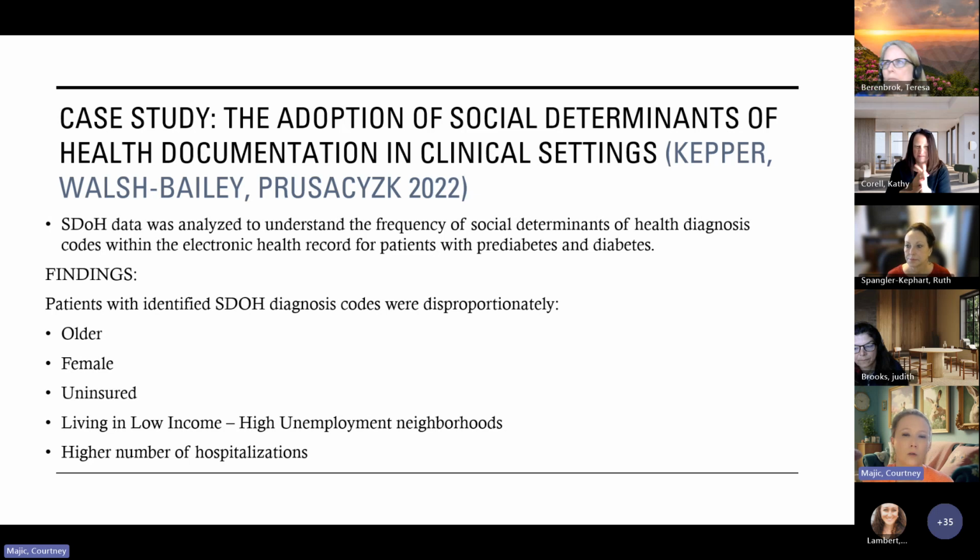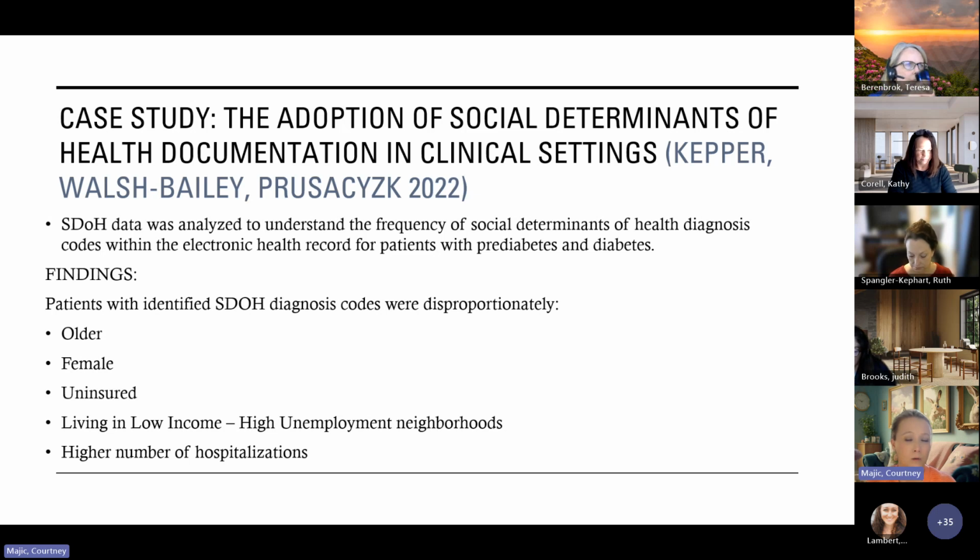Along with the social determinant of health codes, they looked at codes for diabetes in particular to see if there is a correlation between these groups, the older females that are uninsured, living in low income with a higher number of hospitalizations, and diabetes. And they could definitely see that there was.